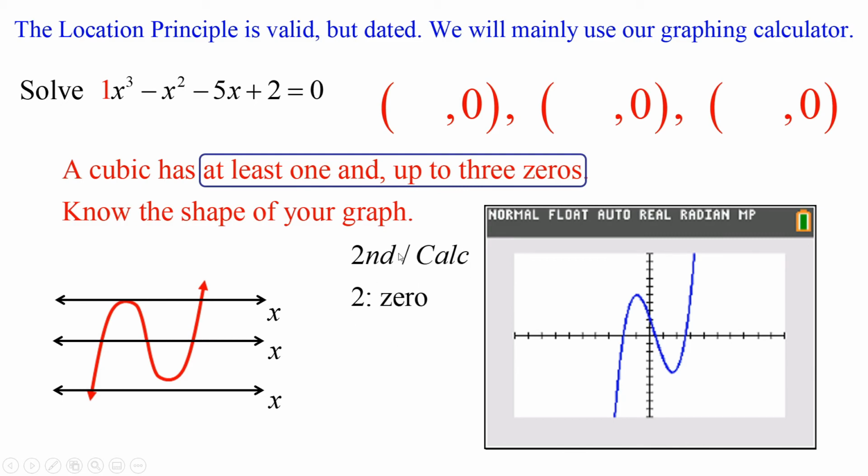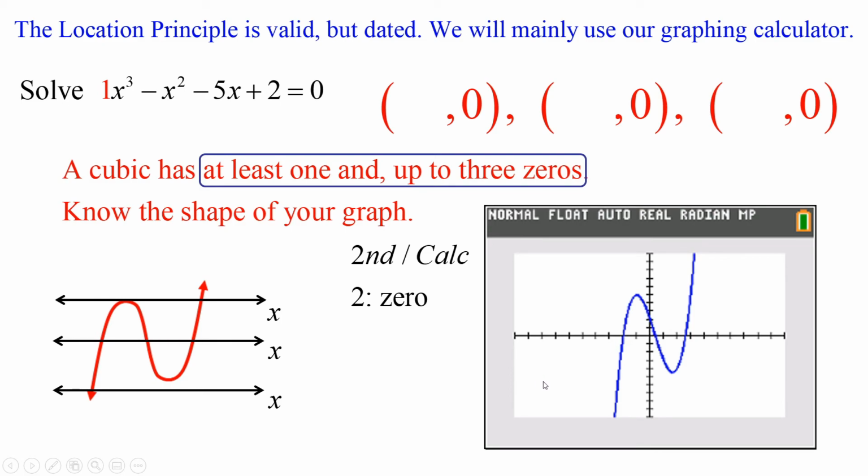And I'm going to go second calc, and then on the calc menu, 2 is finding the zeros of one of these equations right here. All right, so now the first one. Now when I do that, second calc 0, my screen's going to come up to this graph again, and I'm going to be asked to move the cursor below the root and above the root, and only use your left and right arrows to do that.